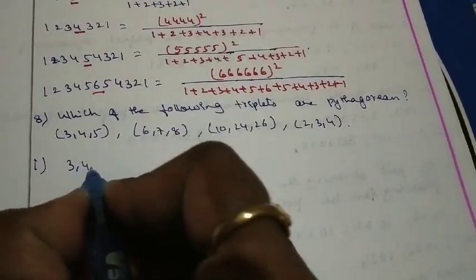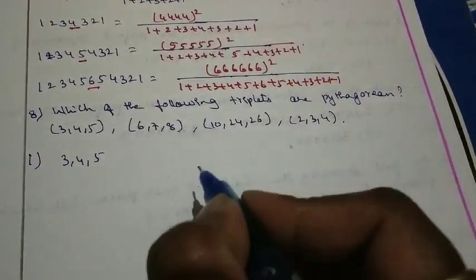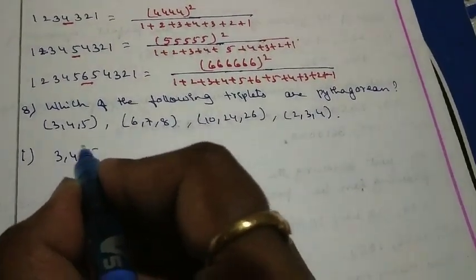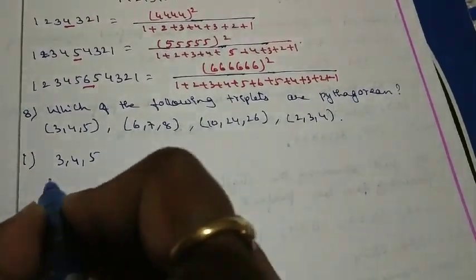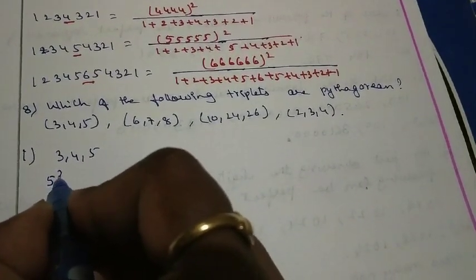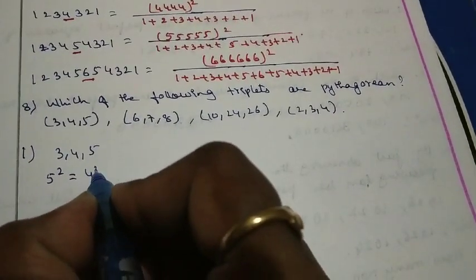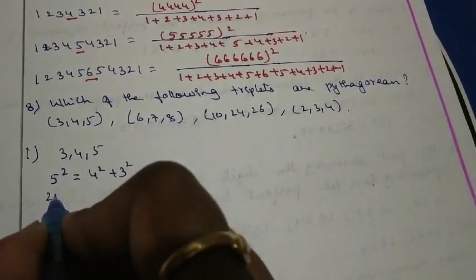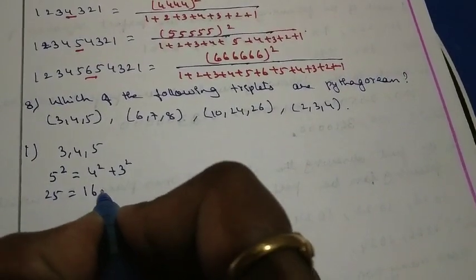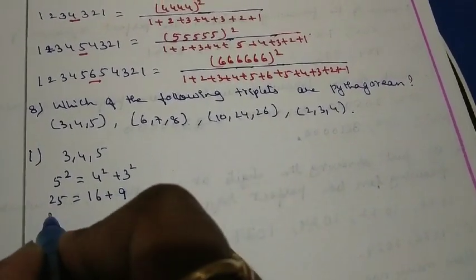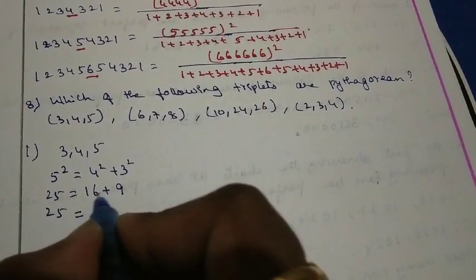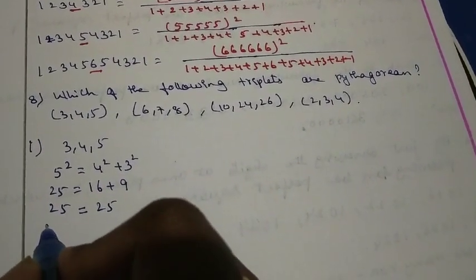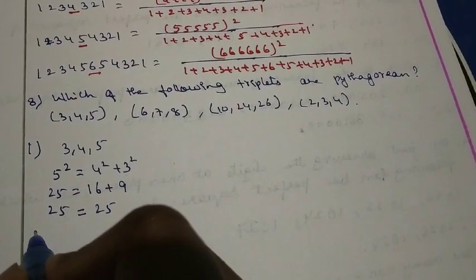So I'll consider the first triplet and check whether it is Pythagorean or not. Among these 3 numbers, which is the highest? 5. 5 is the highest, that is the hypotenuse. Hypotenuse square equals base square plus perpendicular square. 5 square is 25, 4 square is 16 plus 3 square is 9. So 25 equals 16 plus 9, which is 25. So LHS equals RHS. So this satisfies the Pythagorean.